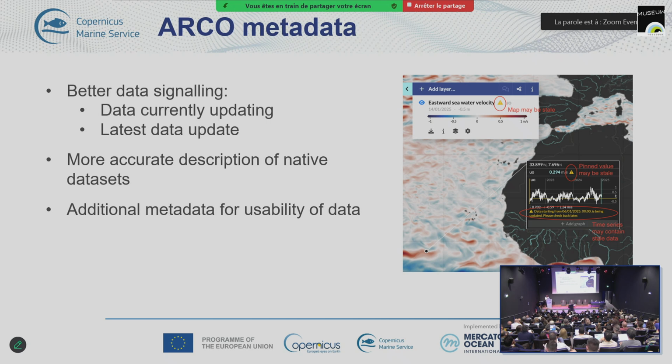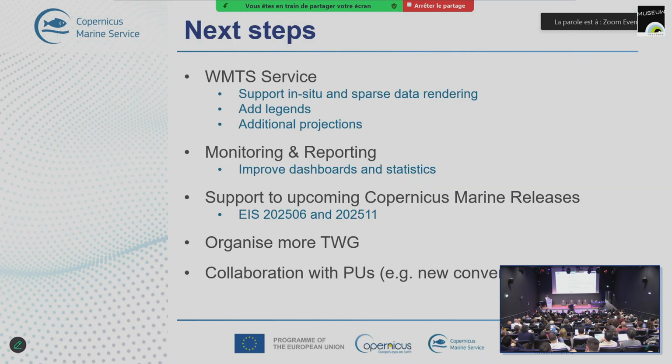So they will be sure that they are downloading the latest file uploaded. And of course, we would like to add metadata to have more accurate description of native data sets and try to reduce the differences. And we would also like to add additional metadata for the usability of data. That can be in MyOcean or, for example, WMTS.